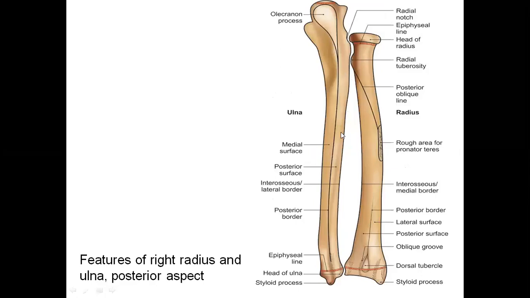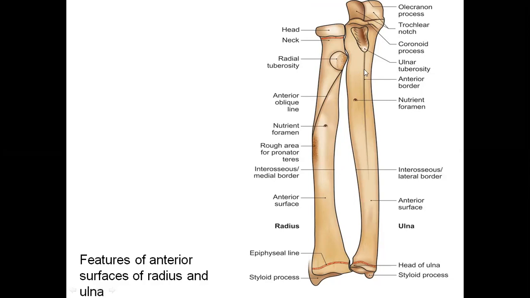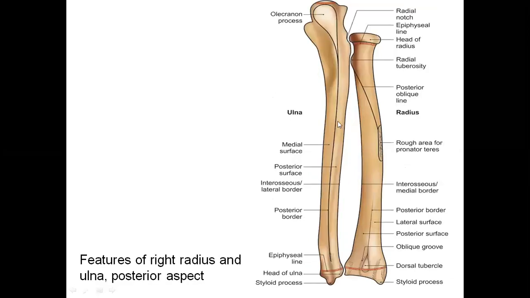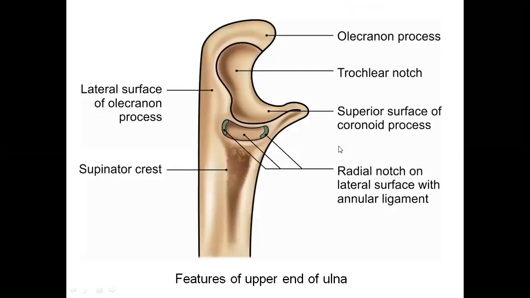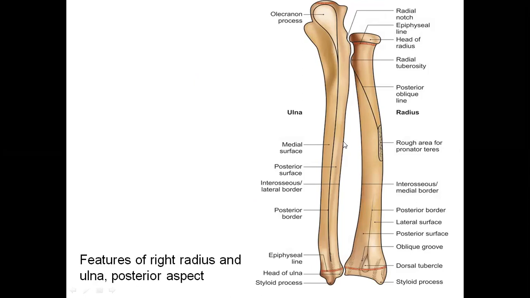I'm repeating: this is the anterior border in front, then the lateral border, which is the interosseous border, and behind is the posterior border. Then we have certain surfaces. Between the lateral border and posterior border, we have the posterior surface.